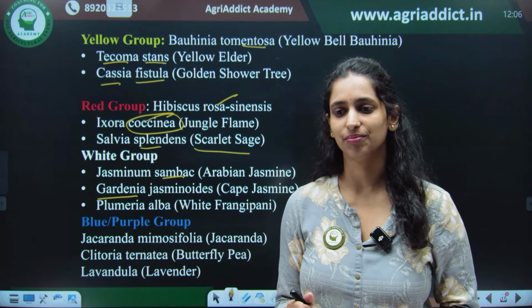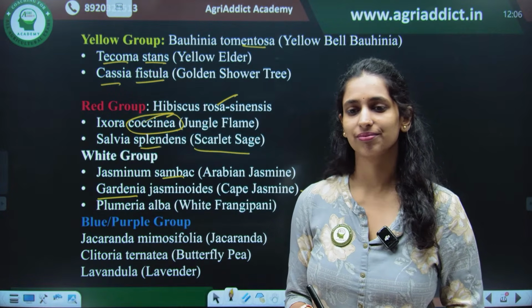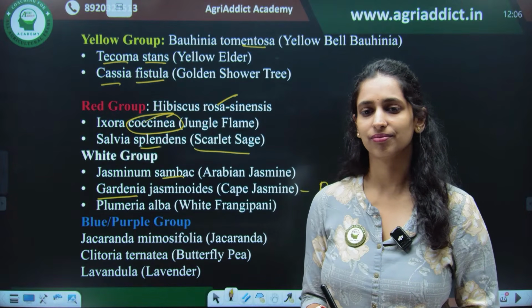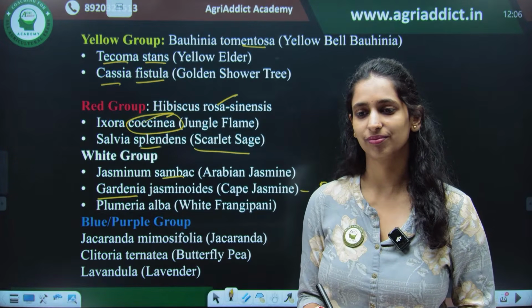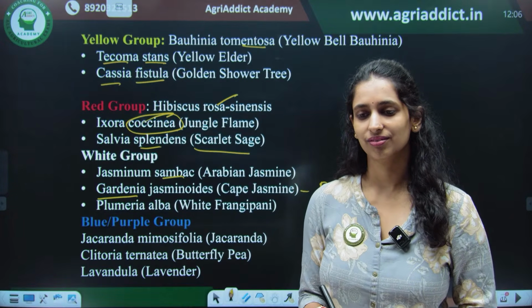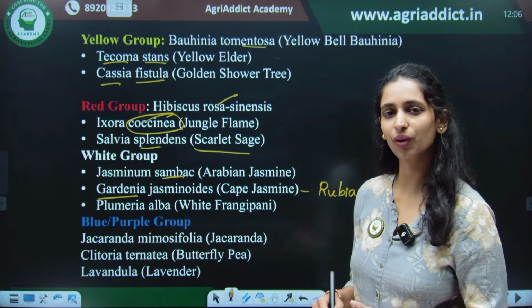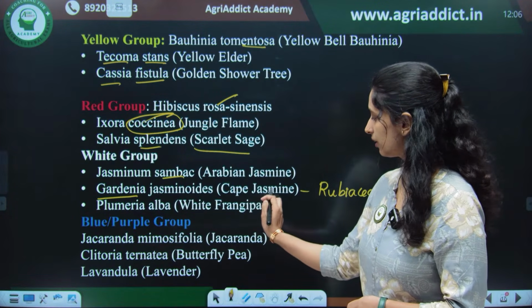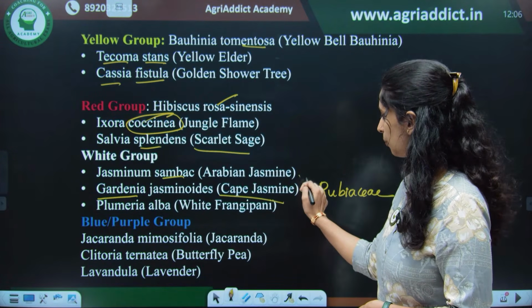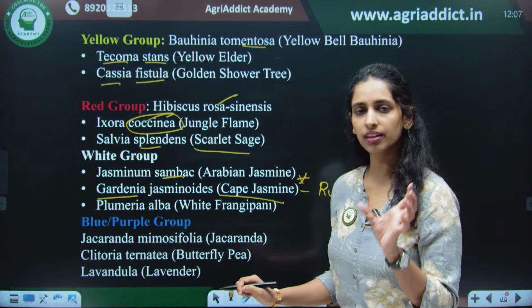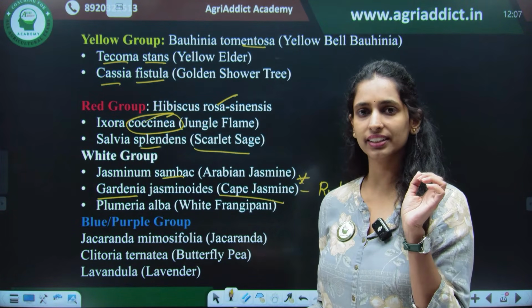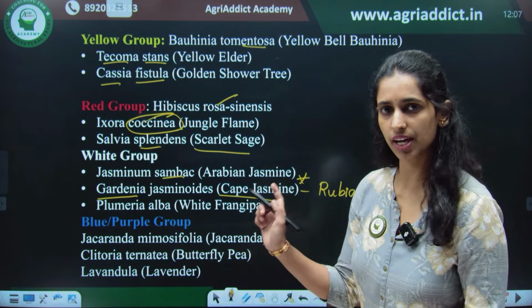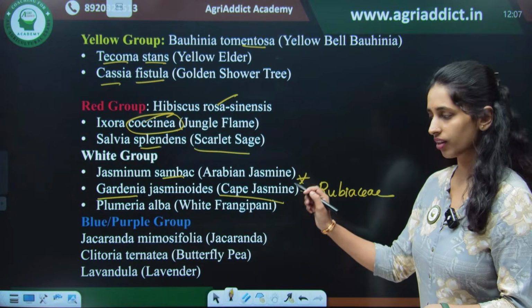Very important. It's coffee. Coffee is Rubiaceae. Gardenia is called as Cape Jasmine. This is also very important. Sometimes they will give which of the following is called as Cape Jasmine. Okay, Cape Jasmine is Gardenia.